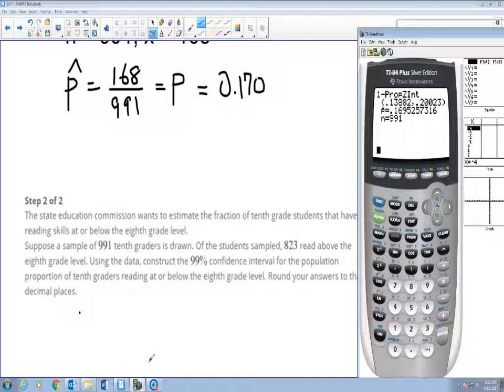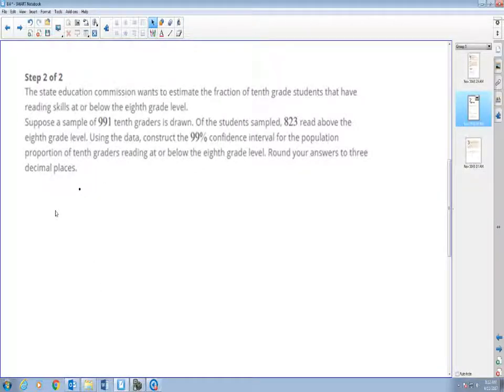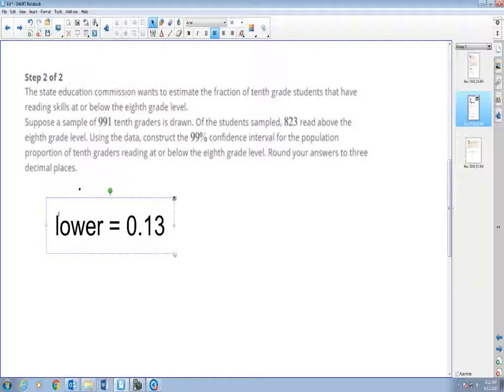So my lower bound, rounded to 3 decimal places, will be 0.139, about 13.9%. My upper bound is 0.200.